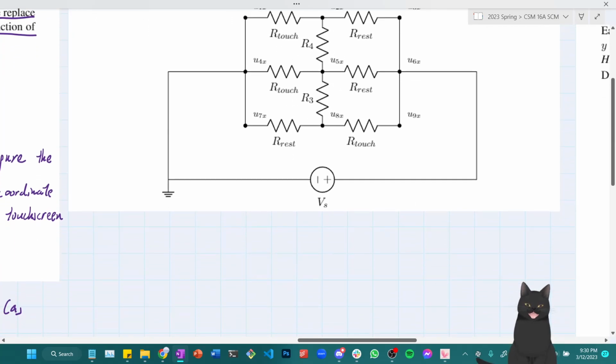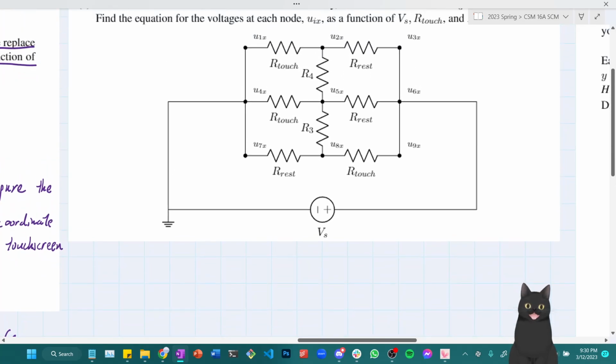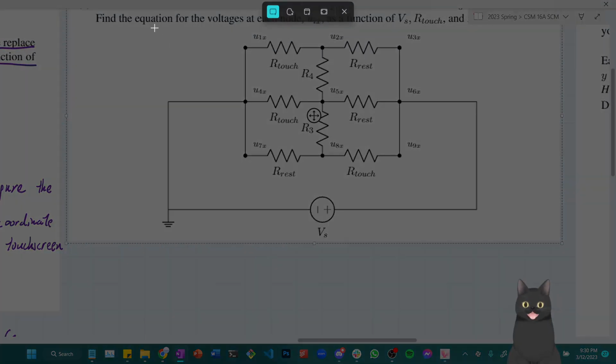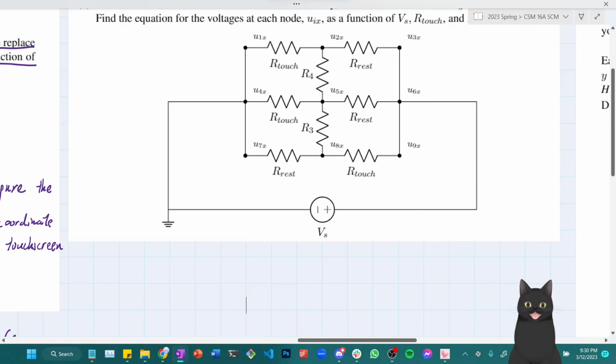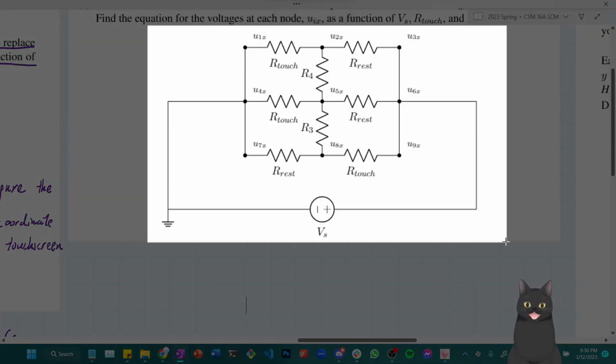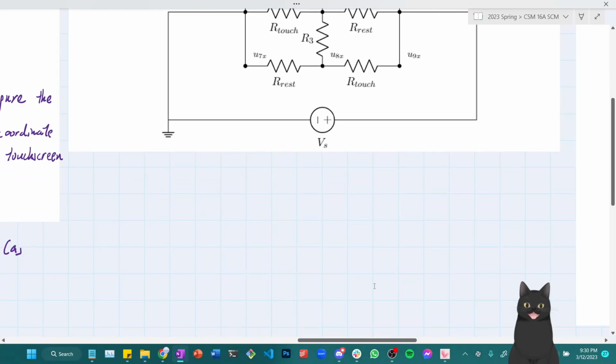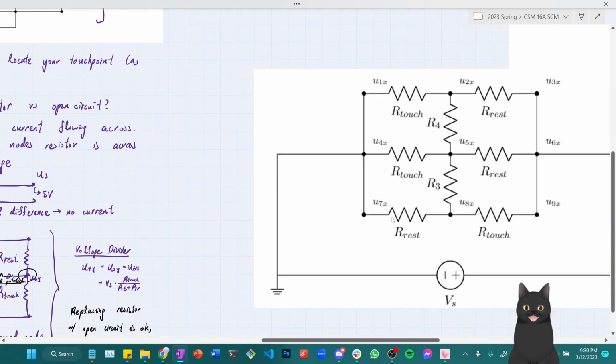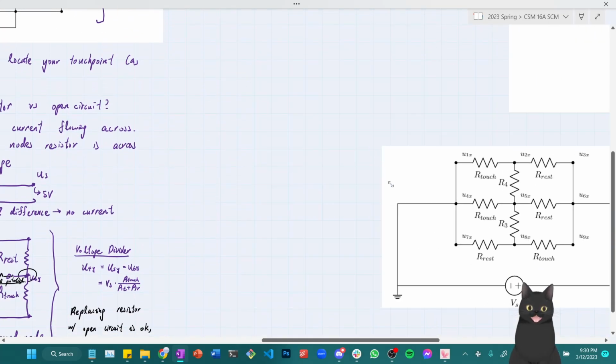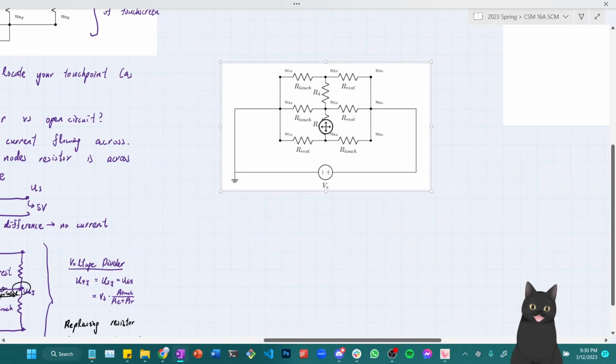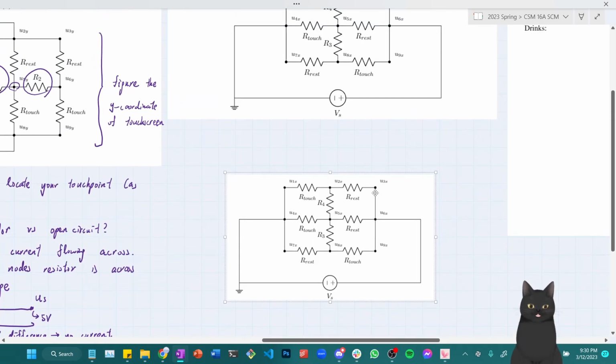But actually, I'm going to show you something really cool about this X circuit. I'm going to take a screenshot of my circuit for X and paste it here, and what I'm going to do later is rotate it. Oh wait, I cannot rotate in this version of OneNote. But here it is.